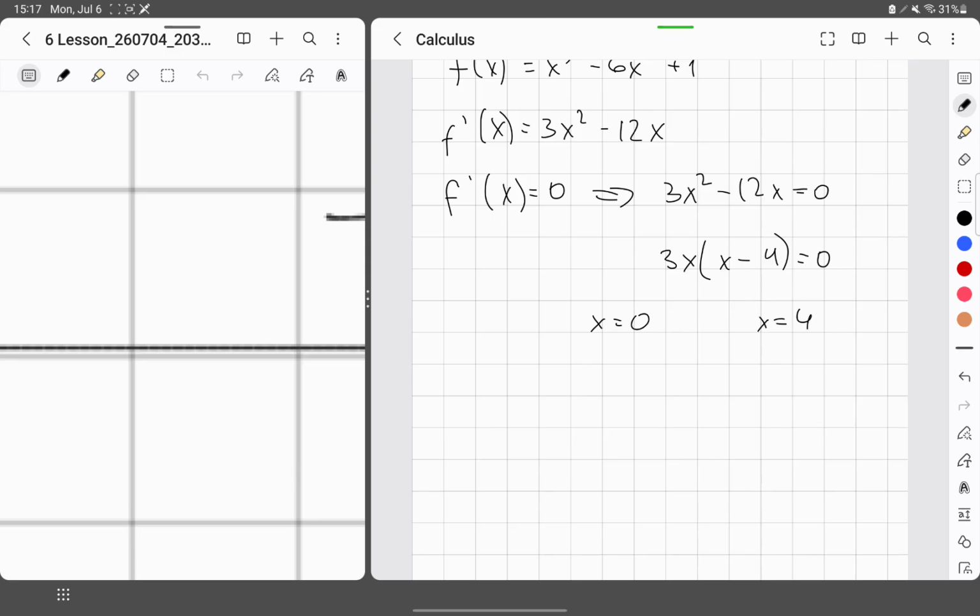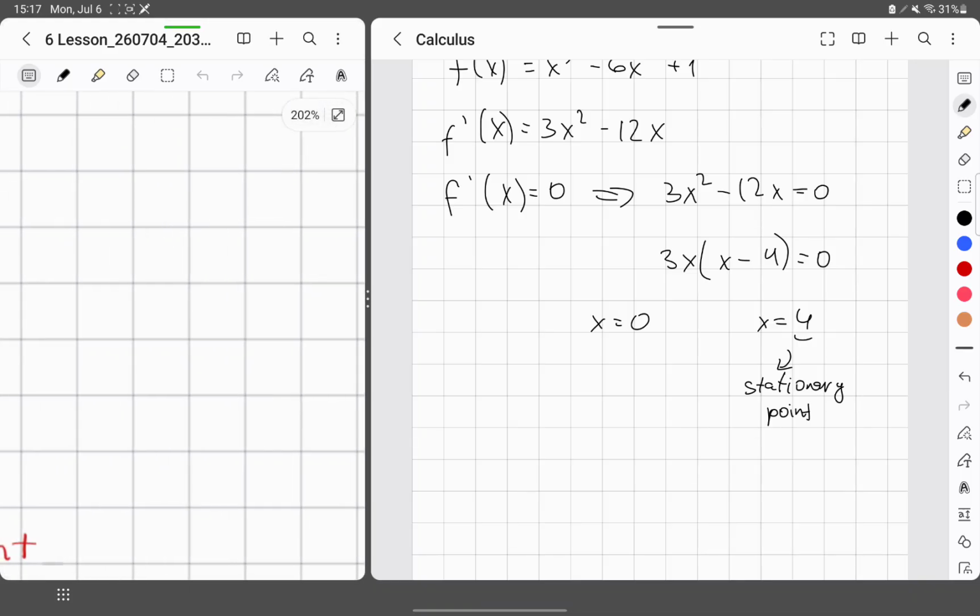So let's define what our stationary points are. Stationary point is 4. If we plug 4 into this place, it will be 0, so that is our stationary point.